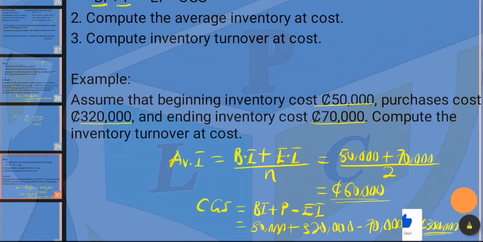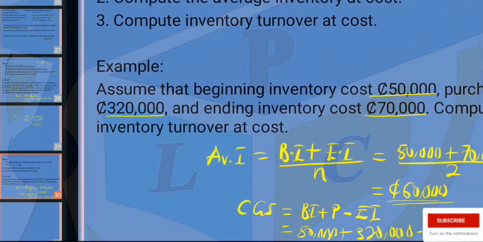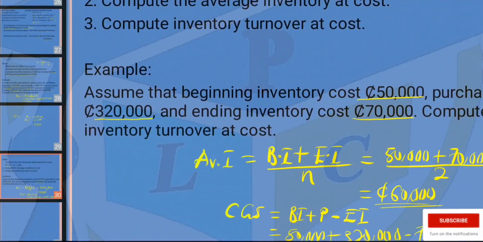So once you're able to get these values down, we can conclude that our inventory turnover at cost is going to be the cost of goods sold at cost divided by your average inventory.